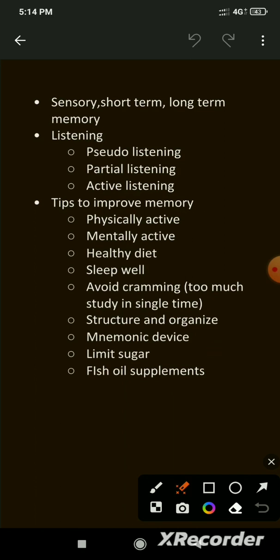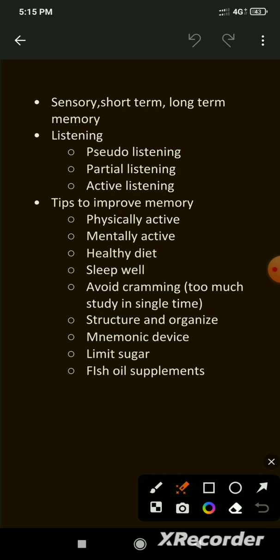We need to use some short word, like if we are learning words starting with certain letters, we can join the starting letters and try to generate a new word or sentence with the first letter of each word. Then we can easily remember the particular words or sentence too. That is a mnemonic device.